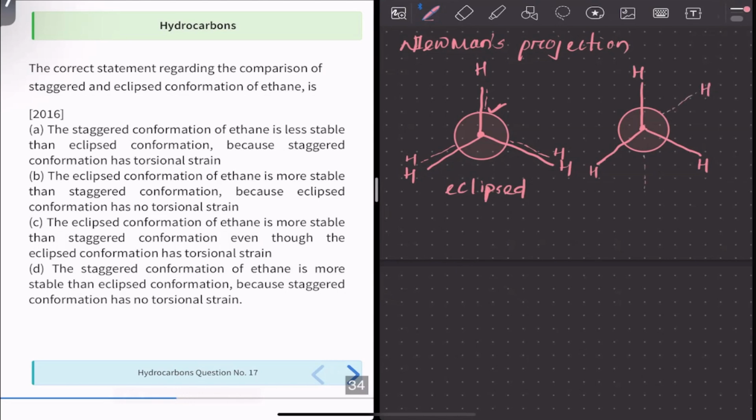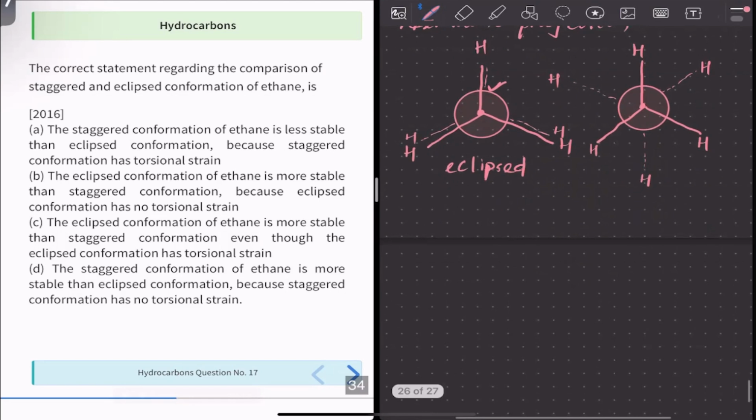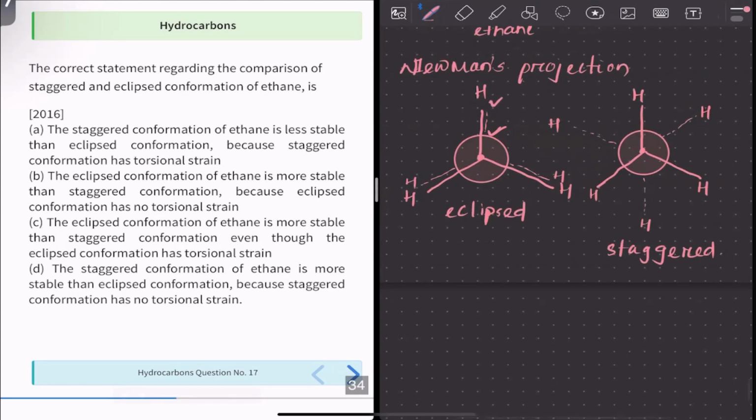All the bonds on the other carbon atom will be 180 degrees in direction. Look here, this is the staggered form. In the eclipsed form, this hydrogen atom and these hydrogen atoms are very near to each other, so they will experience a repulsive force between them.